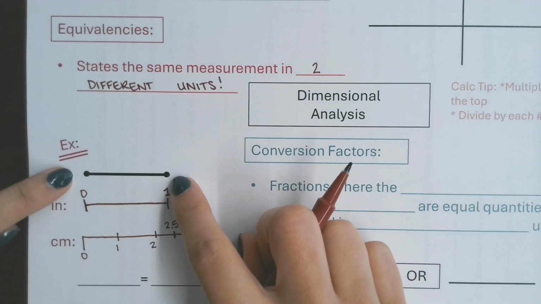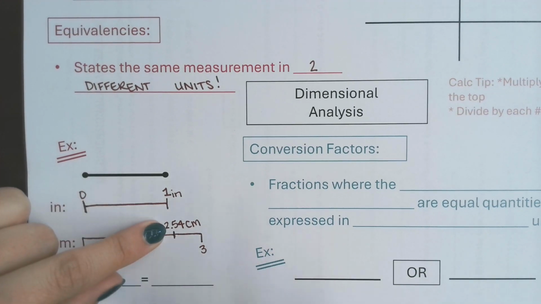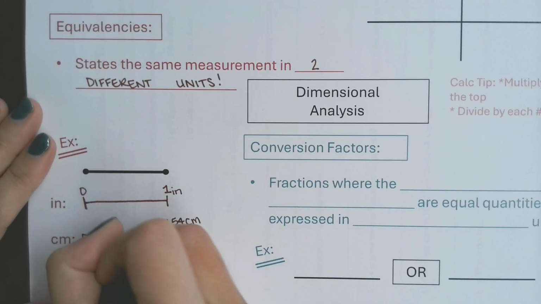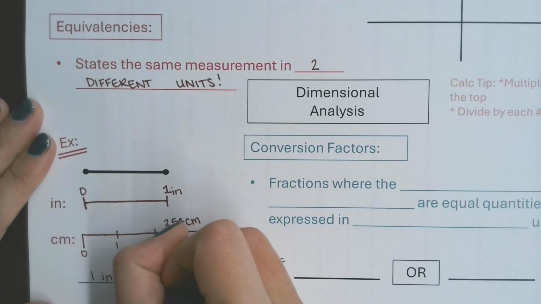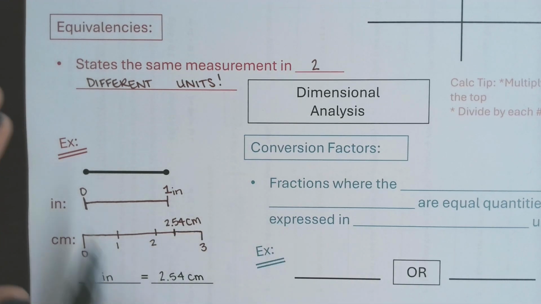So, since this line segment is the same, we could say that 1 inch is therefore equal to our 2.54 centimeters. And this is an example of an equivalency. It's the same measurement, we just gave it in different units.